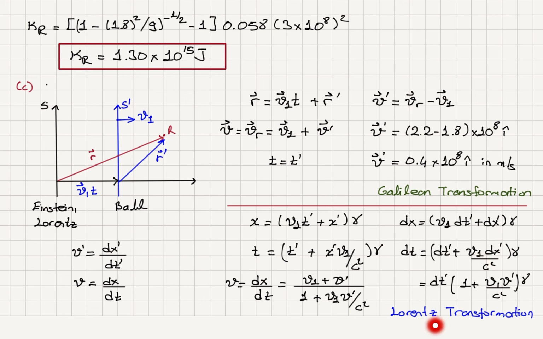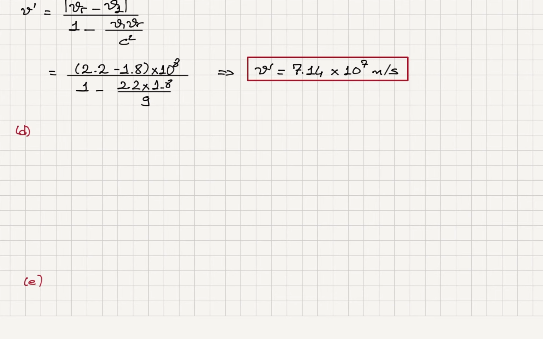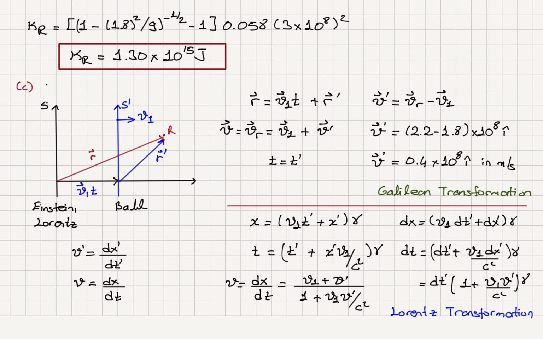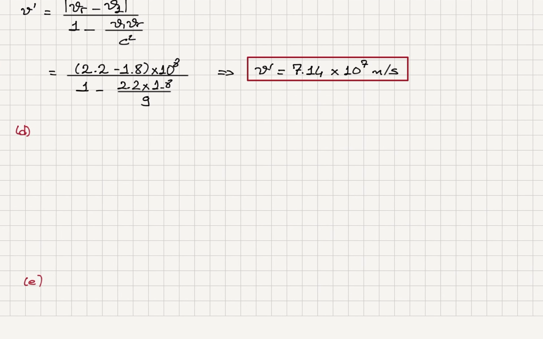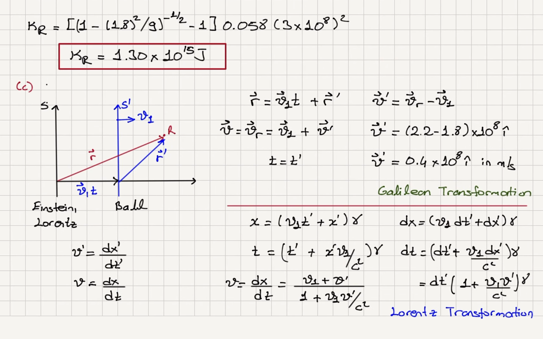That's the Lorentz transformation. Now, if I do the primed version of this transformation for v prime, instead of the Galilean transformation where I had v minus v1, now I have v minus v1, where the velocity of the rabbit is v, divided by 1 minus v1 v rabbit divided by c squared. Okay, so that's the proper Lorentz transformation.